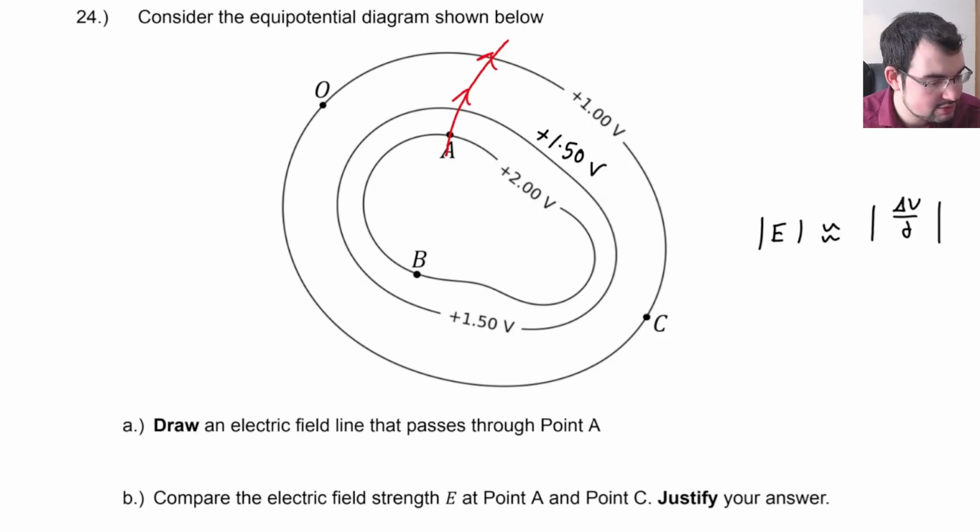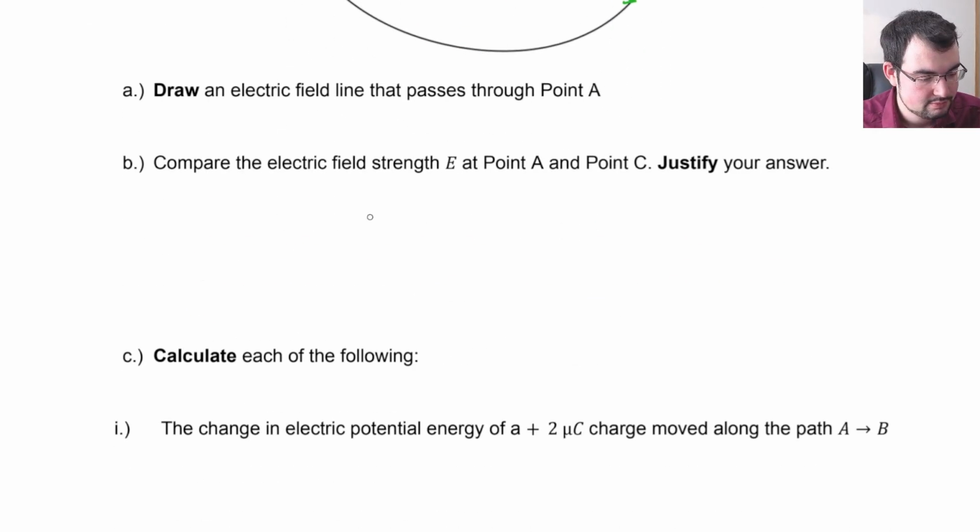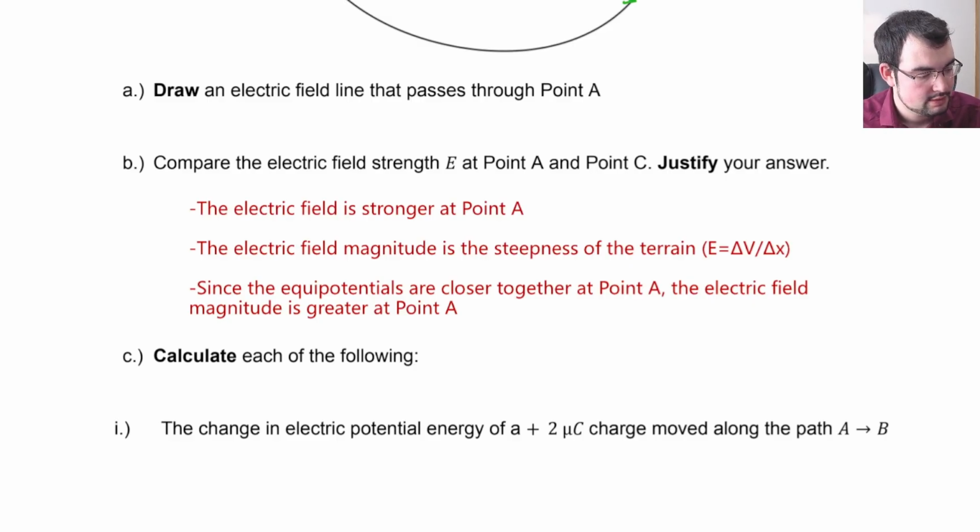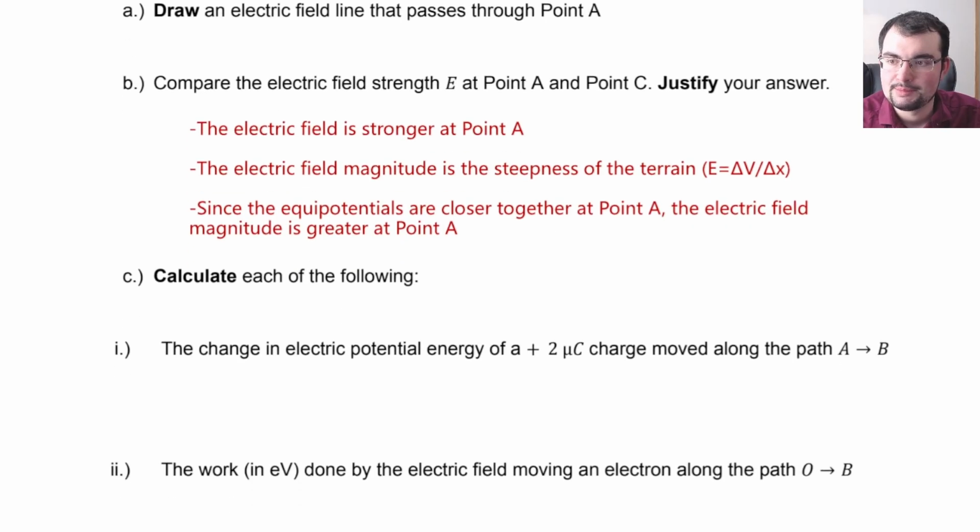Well, look at the gaps. So here's my gap between adjacent equipotentials looking at A, and here's my gap of adjacent equipotentials looking at C. So the slope is more steep at A than C. And that's essentially what we say.